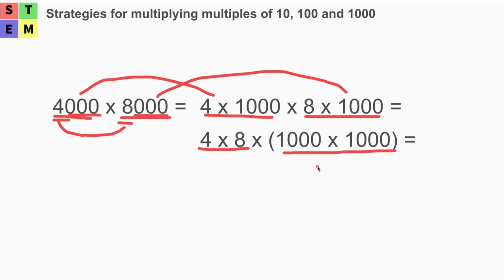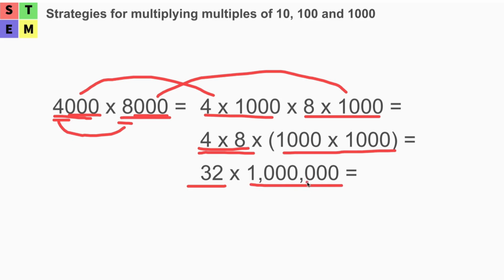So here we have 32, of course. Let me get the next step. We have 32 there, and 1 with 6 zeros, that's thousands times thousands, and that's 1 million, right? So immediately we have 32 followed by 6 zeros, as I mentioned at the beginning.